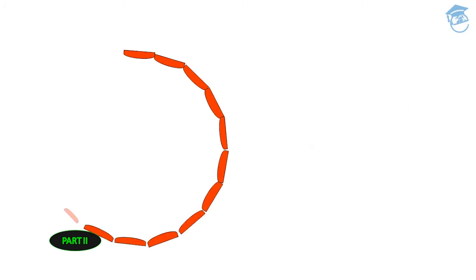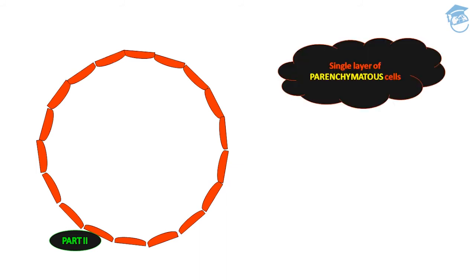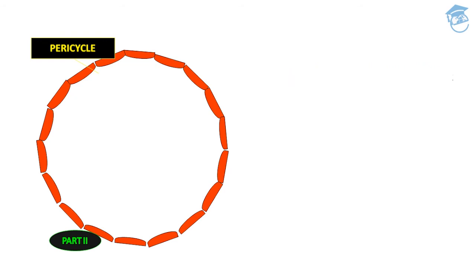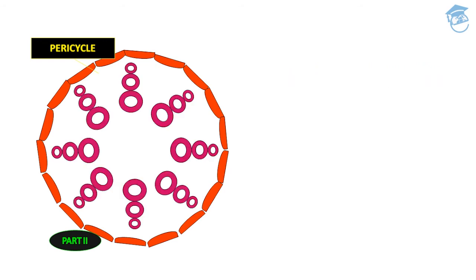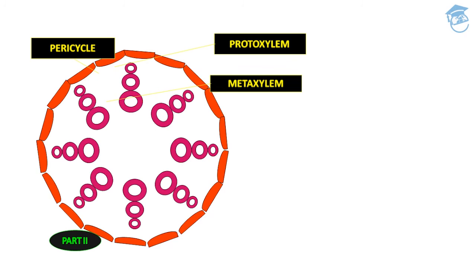See, this is the pericycle, which is represented by these red colored cells. Okay, and this is the outermost layer, as you can see, and it is made up of a single layer of parenchymatous cells. So this is pericycle, which surrounds the stele, and the stele is composed of metaxylem and protoxylem. See, smaller dots are called protoxylem and bigger dots are called metaxylem.